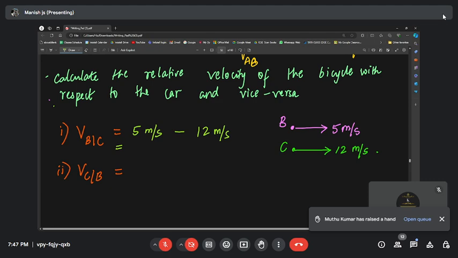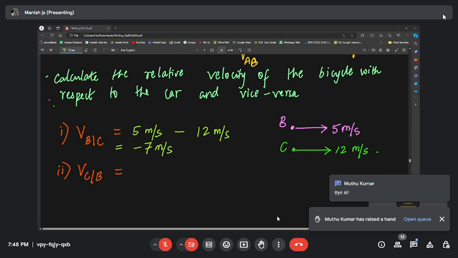So you will get the value as 7, but it is negative, so it's minus 7 meters per second. That's how you compute this particular value. Keep the negative sign in mind also.